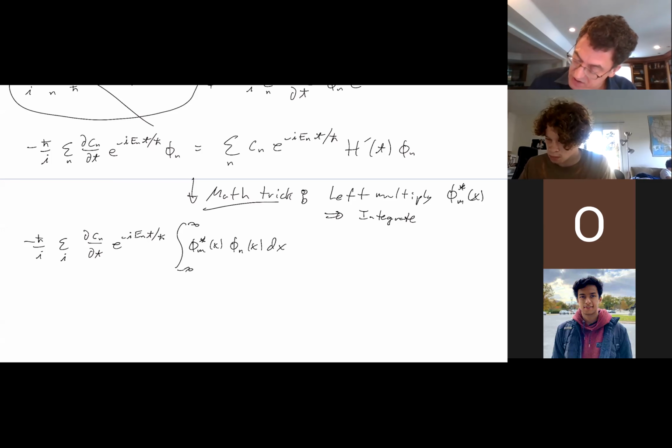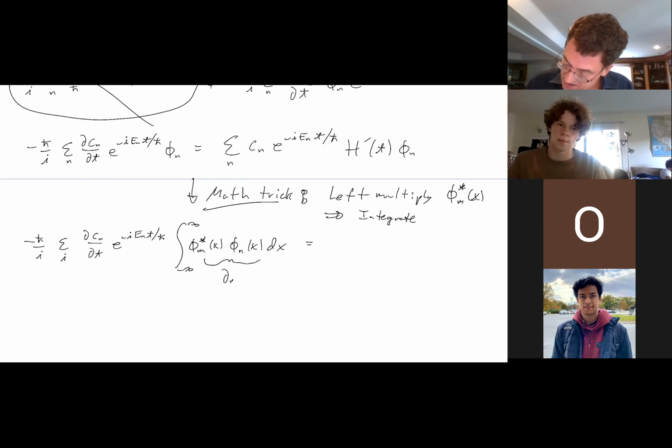And you guys know what that gives us, right? Our old friend, what does this give us? Kronecker delta. Exactly. And so that collapses the sum.